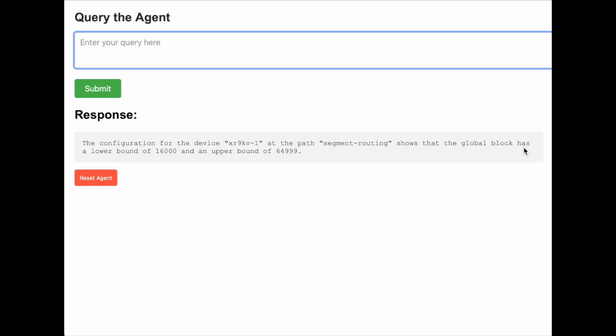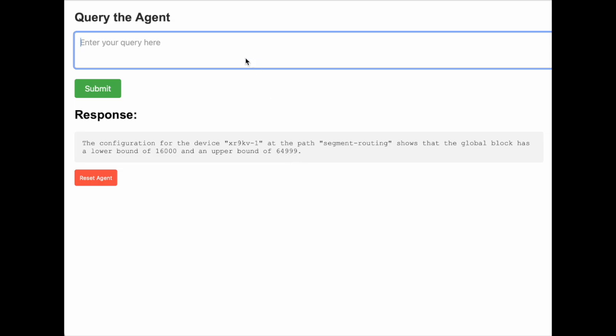I'll tell you the mistake. The mistake is that you should consistently configure these SRGBs on all routers, and that is not the case here. You find out that router 1 has the label space between 16000 to 64999.